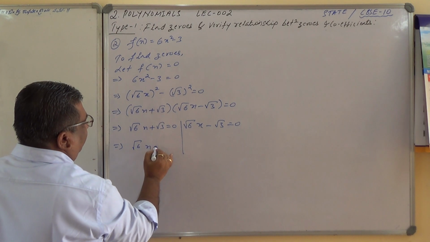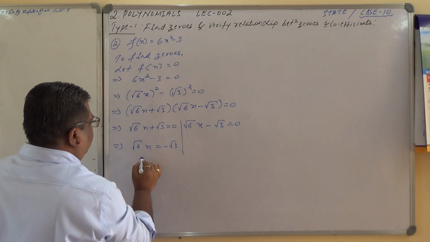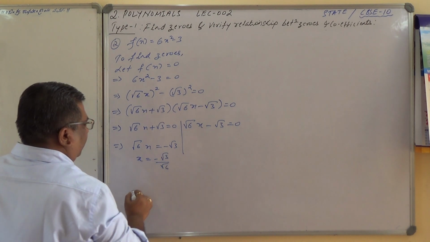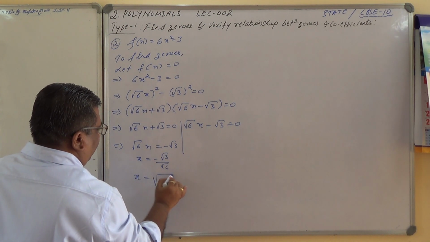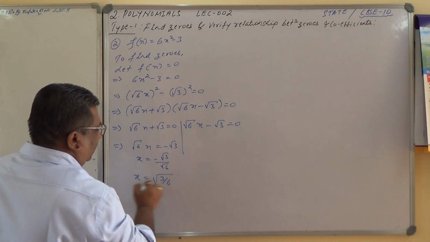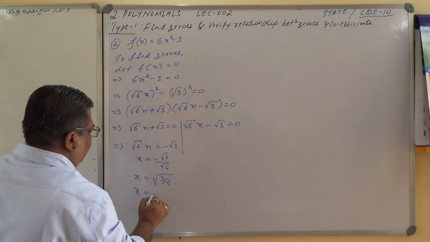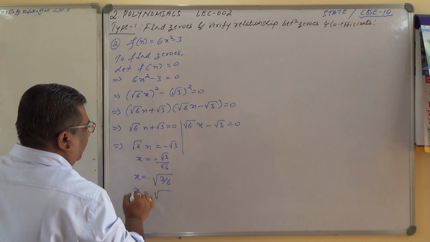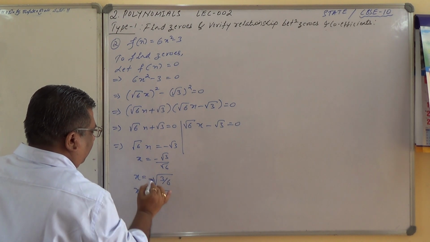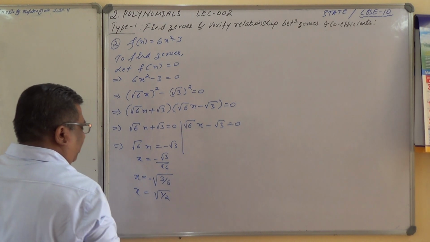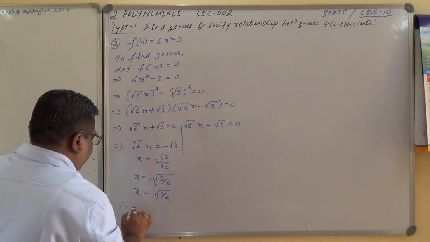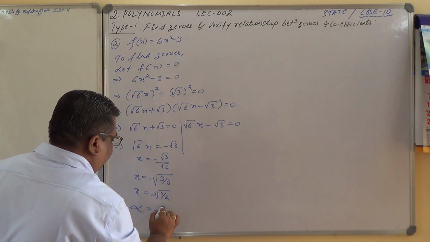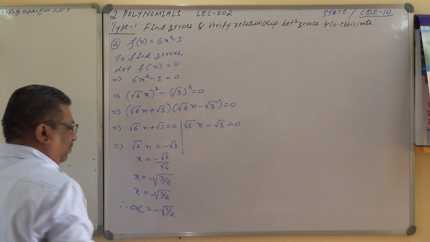Root 6x equals minus root 3, x equals minus root 3 by root 6, which is equal to under root of minus 1 by 2. Remember, it is minus here. So therefore alpha equals minus under root of 1 by 2.